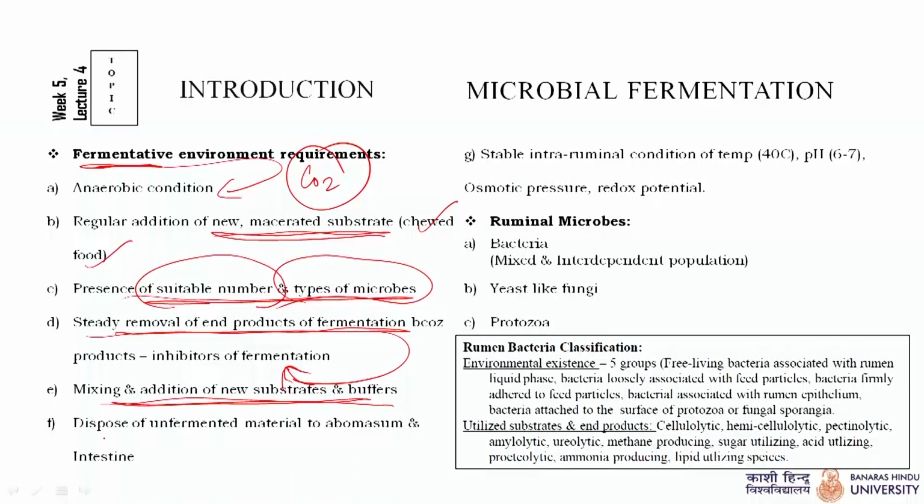Then disposal of unfermented materials to the abomasum and intestine. When some undigested material is left in the rumen, it has to be regularly removed. Otherwise, it will keep accumulating in the rumen, and as a result, the new substrates coming after chewing the cud may not be digested and absorbed to the maximum.